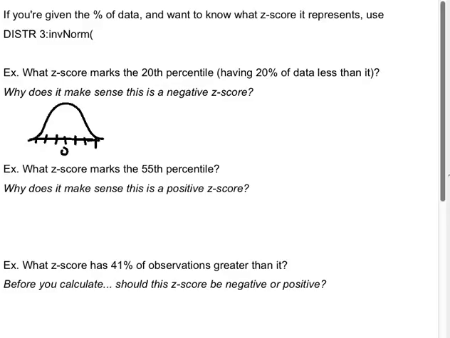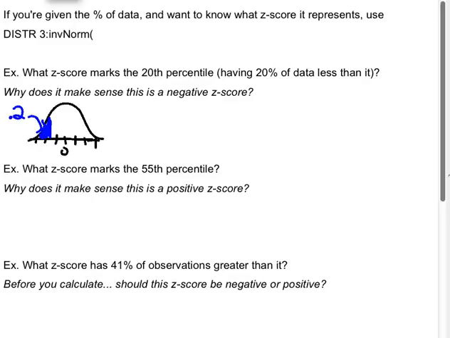What z-score marks the 20th percentile? So having 20% of data less than it. Okay, so that's going to be somewhere down here. We don't know the z-score, but this time we know that area is 0.2. Okay, so this is a little bit of a different computation now.